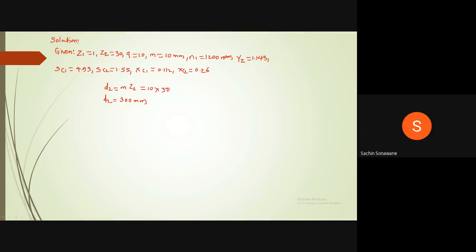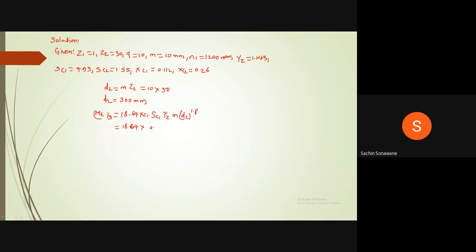Now, we know the formula of MT3 and MT4, that is torque transmitted considering wear consideration. Therefore, write down MT3 is equal to 18.64 into XC1 into SC1 into YZ into M into D2 raised to 1.8. Therefore, substitute the values: 18.64 into XC1.